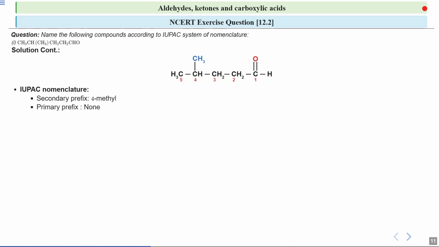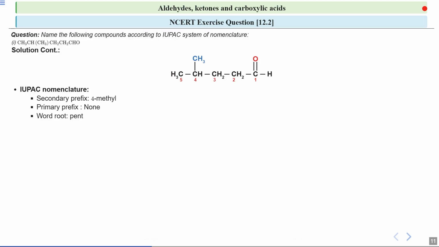Then comes the primary prefix. This usually indicates the nature of the parent chain, whether it is cyclic or acyclic. For open chain, we write no prefix. For cyclic compounds, cyclo is used. Here you can see there is an open chain, so there is no primary prefix.